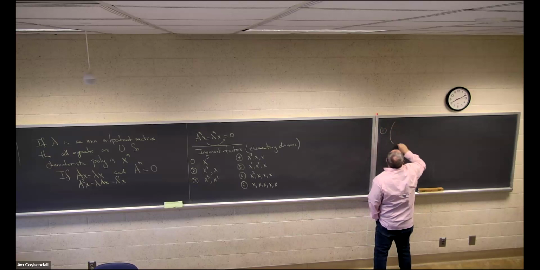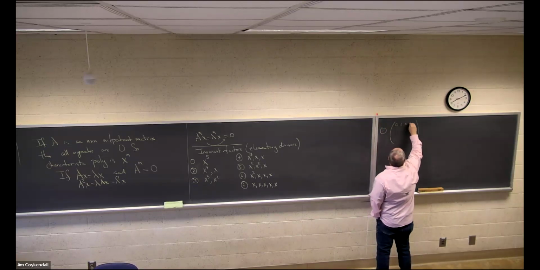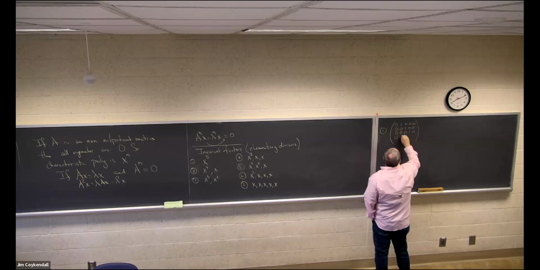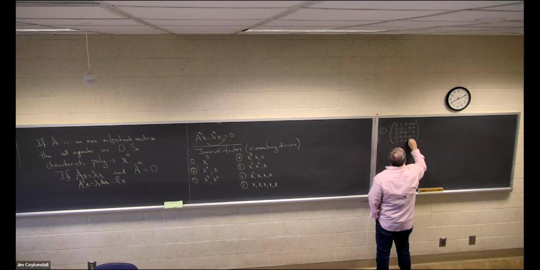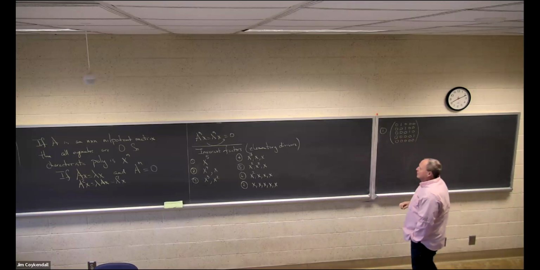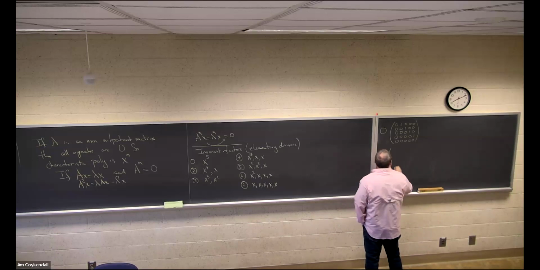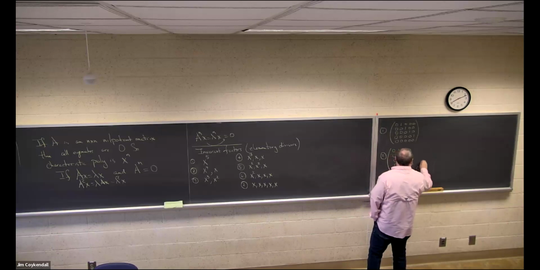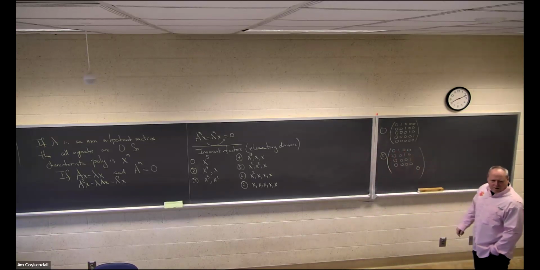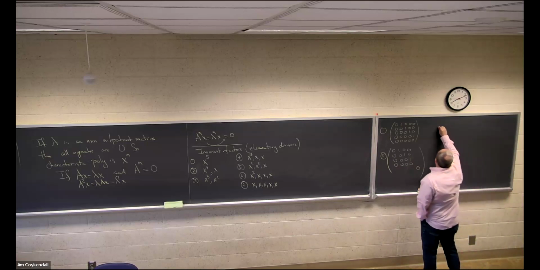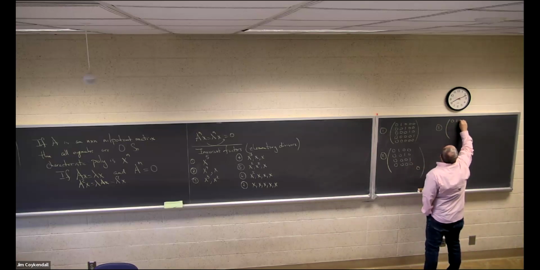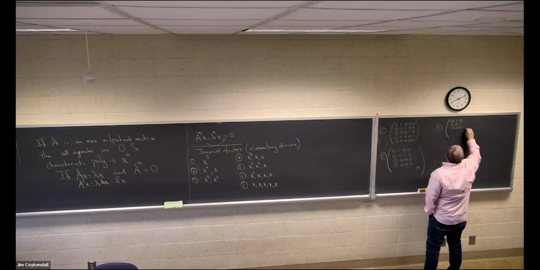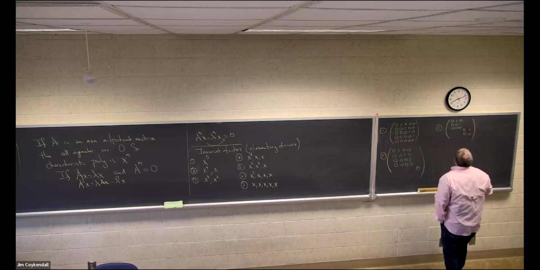So one, your Jordan canonical form. Number two, you have a four block. In case three, you have a three block and then a two block.